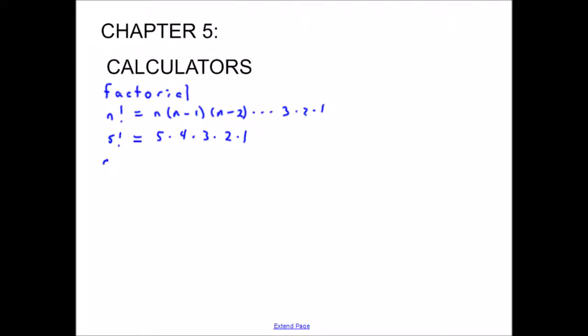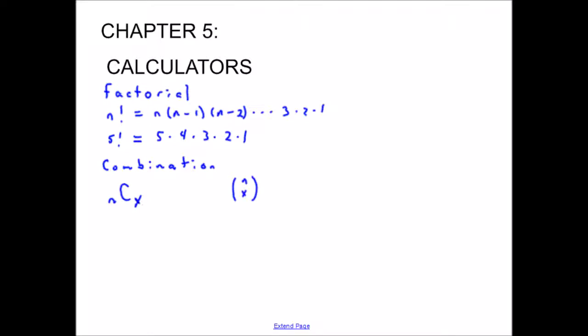You'll also have to know how to use a combination. Written n choose x. It's also sometimes written as n choose x in this form. You'll see both.